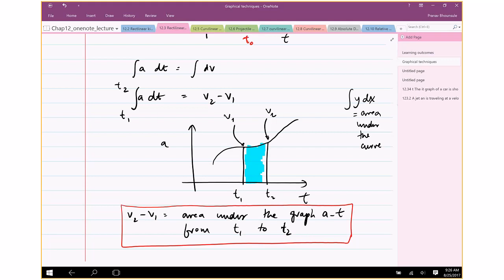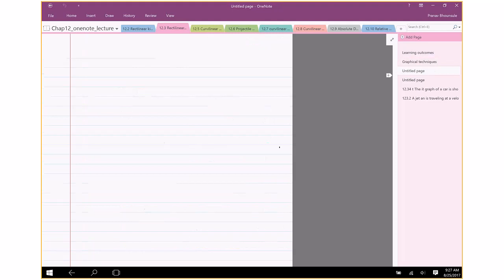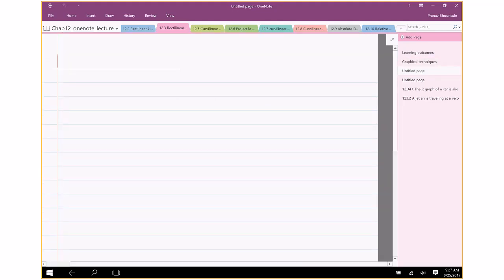One more thing before we start with problems. The other thing we have studied in this class before is v = ds/dt, where s is the position.